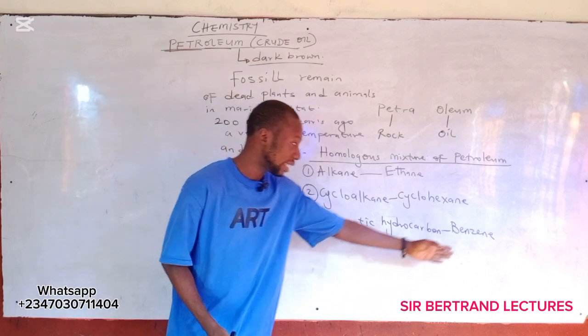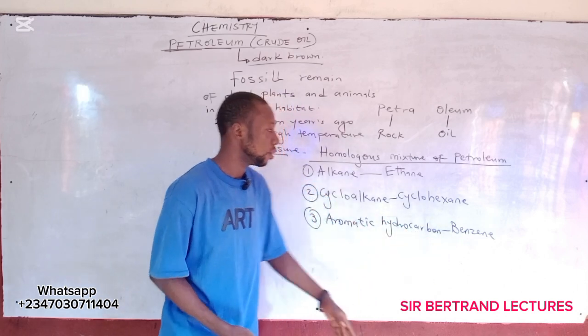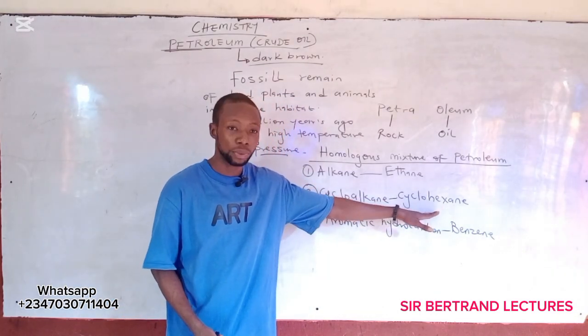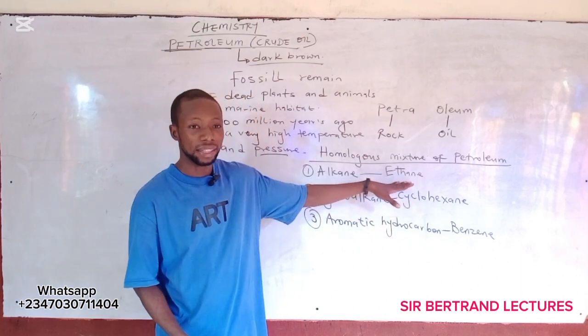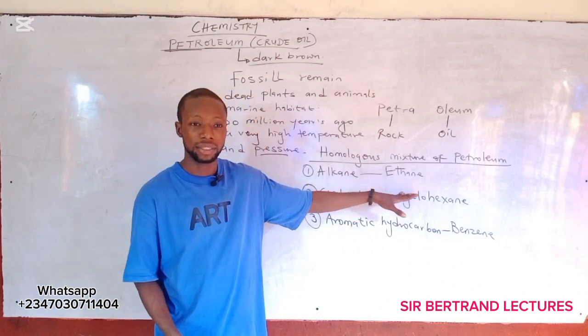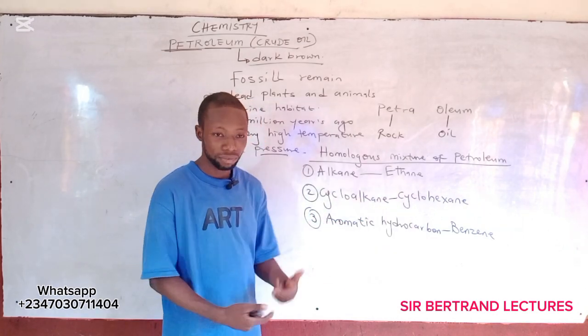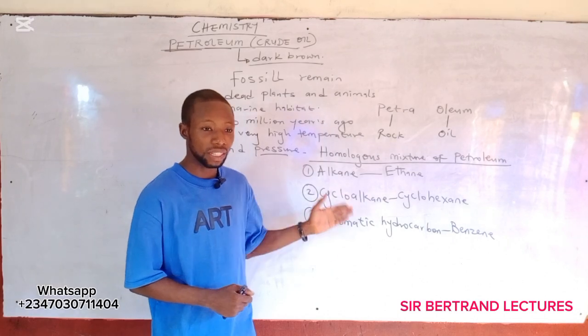We can still have naphthalene here; it must not be benzene. You can still have cyclopentane, cyclohexane, cyclobutane, and others. You can still have methane, ethane, propane, butane, pentane, and others. I gave only one example of each homologous series.